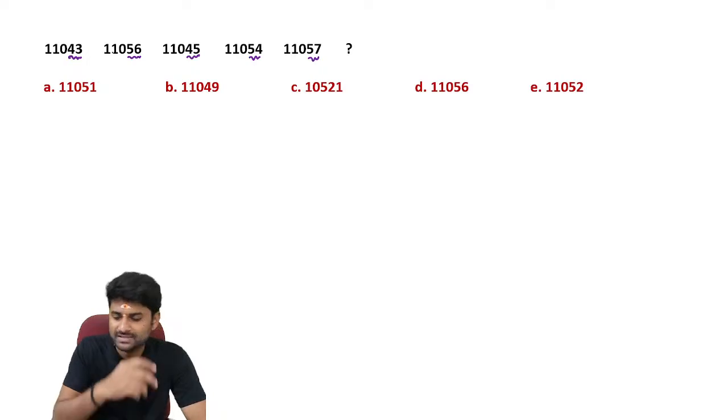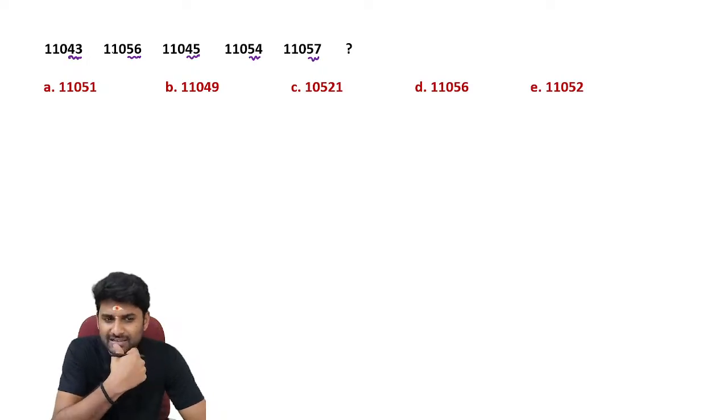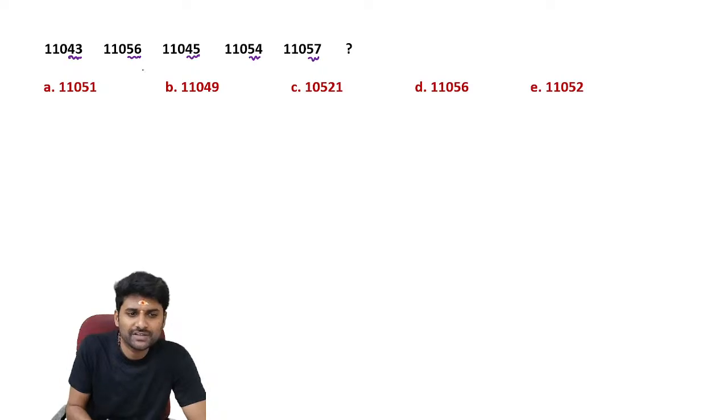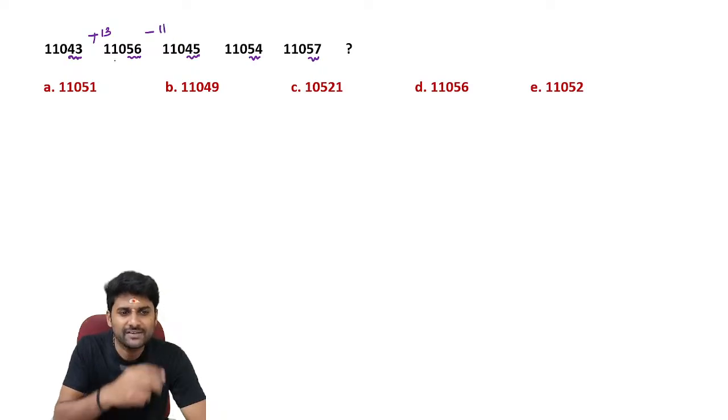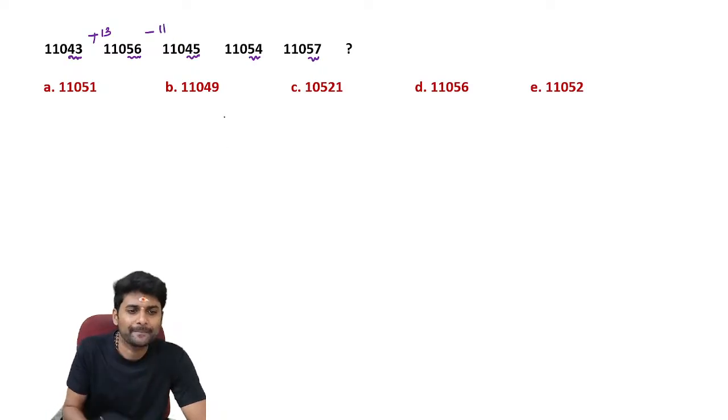Between 43 and 56, if you find the difference, it is 13. Now 56 and 45, it has decreased. How much is the decrease? It's minus 11 units. So plus 13, minus 11.